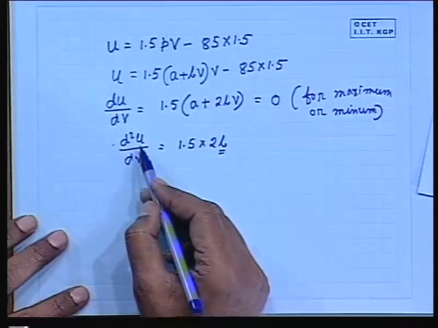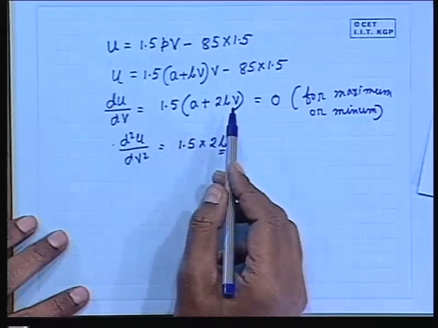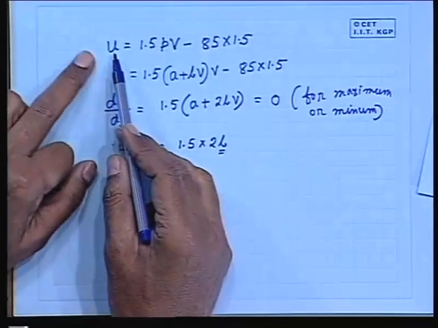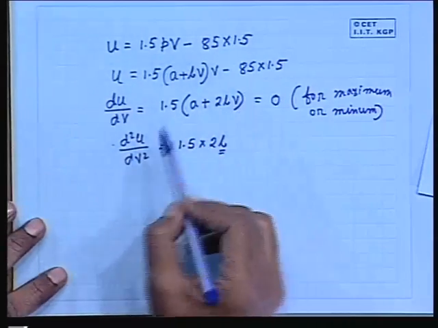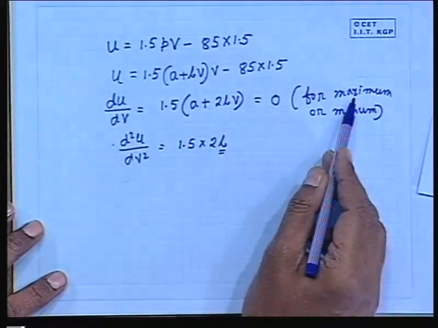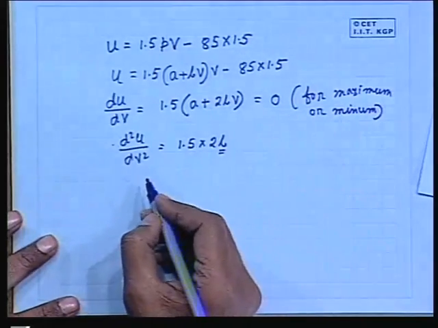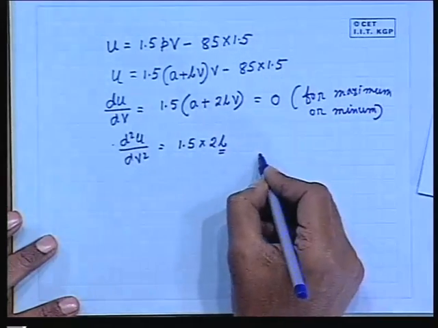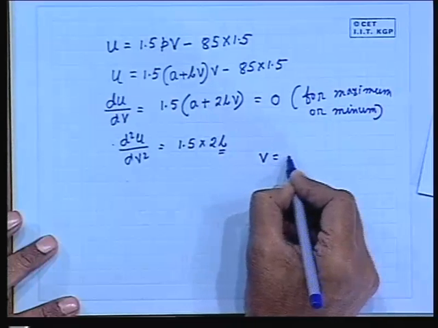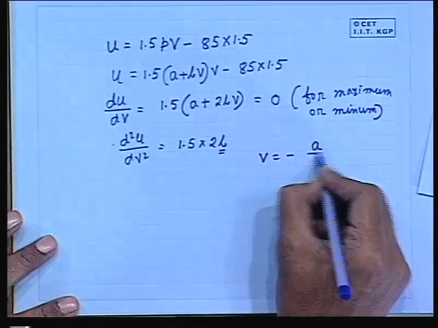So this shows that with these values of A and B, the relationship between U and V shows only a maximum, not a minimum. That maximum condition is given when V is equal to minus A by 2B.